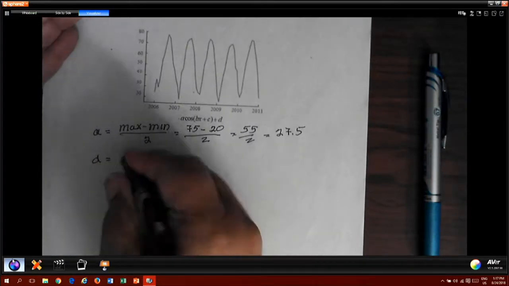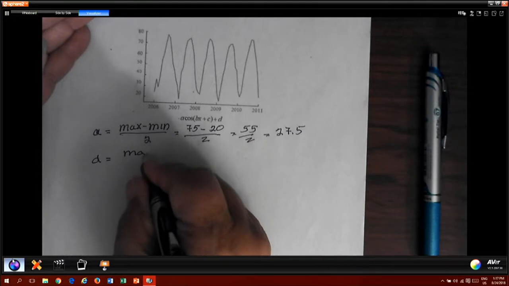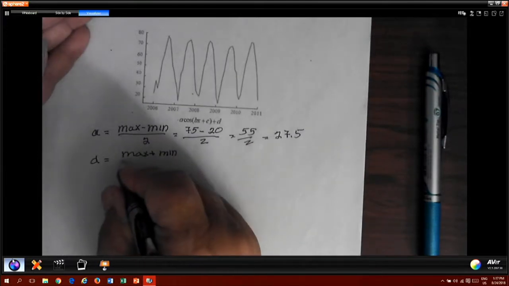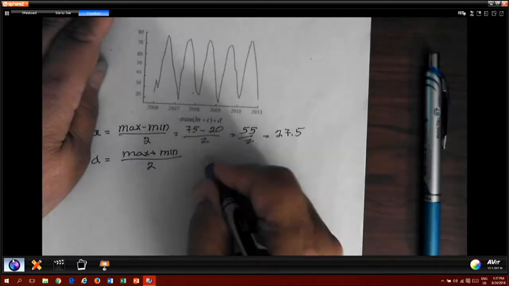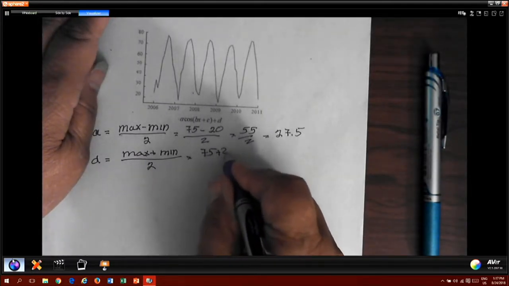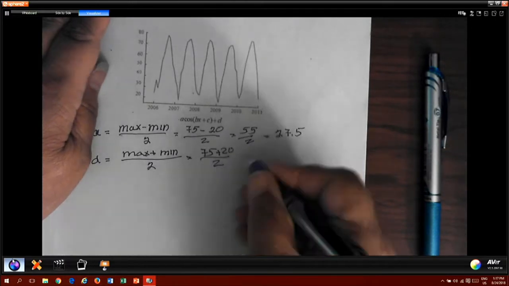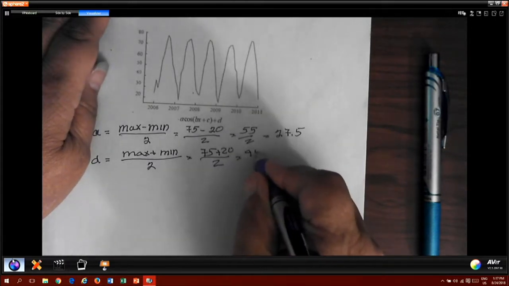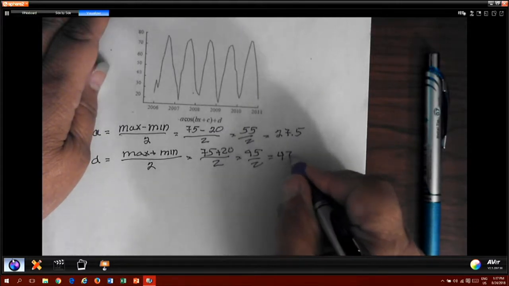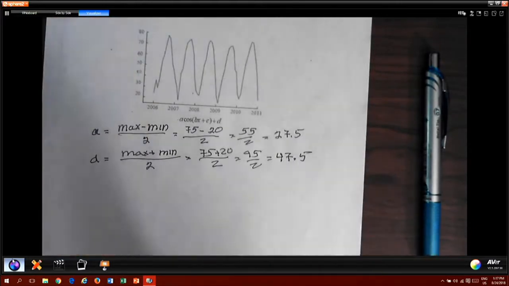D is the max plus the min over 2, which would be 75 plus 20 over 2, which is 95 over 2, or 47.5.